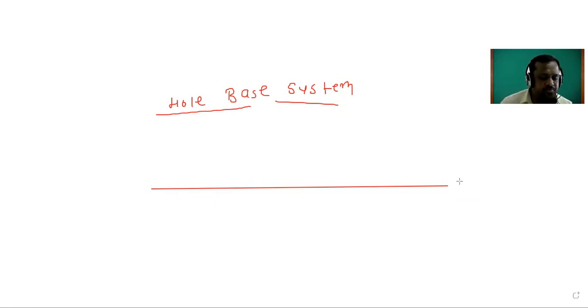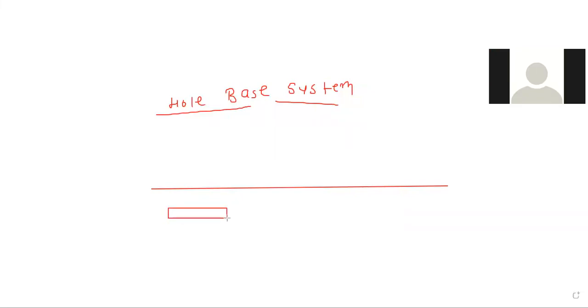How to show it graphically? Above the line. How to show it? Then tell me.